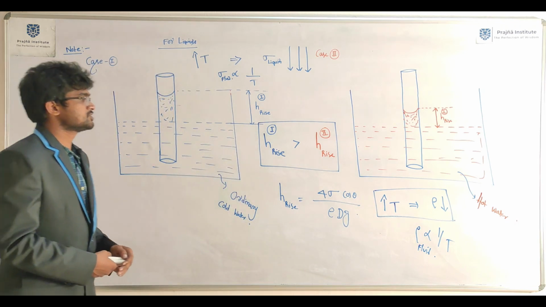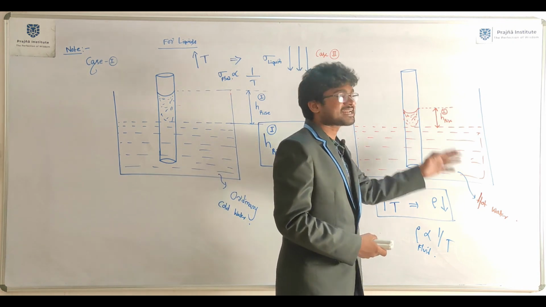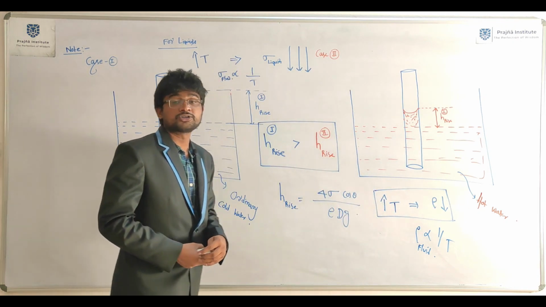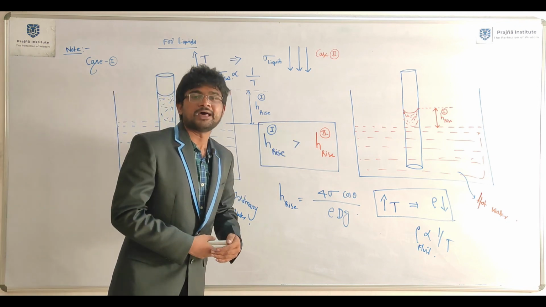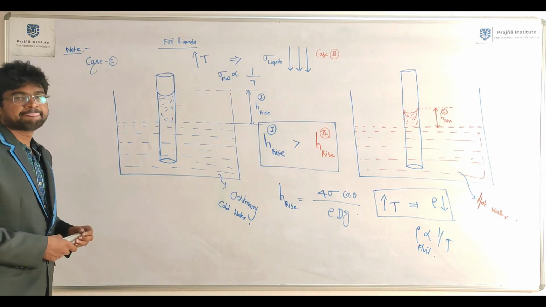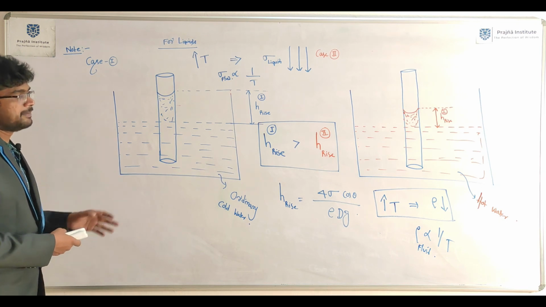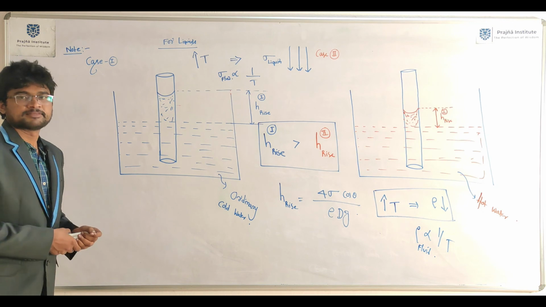Once you take hot water, you will see less rise of the hot water column in the capillary tube. This is one of the good questions in the interview. Make use of it.